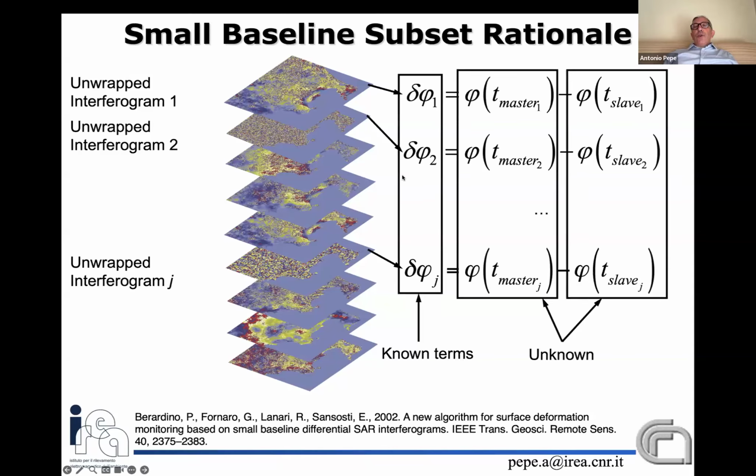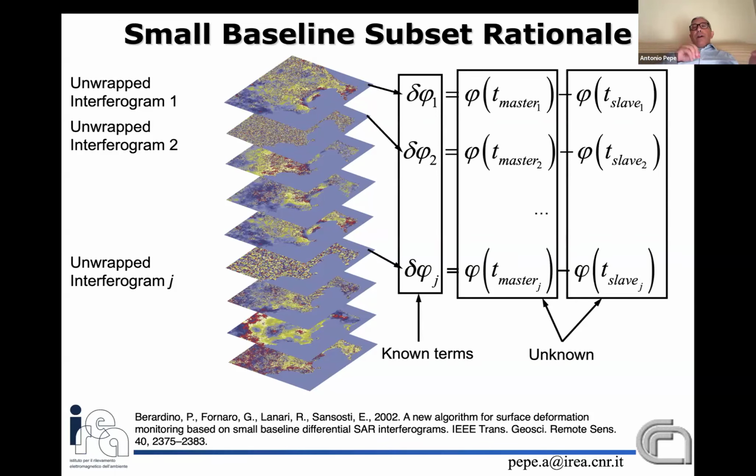These are the known terms, so the computed phase differences, and these are the unknown terms, so the phases associated with the time acquisitions. This system is solved, and we can obtain the phase associated with the single images. So we have the deformation time series.